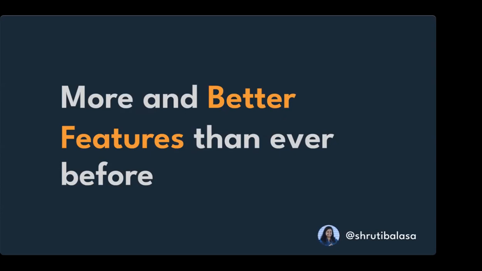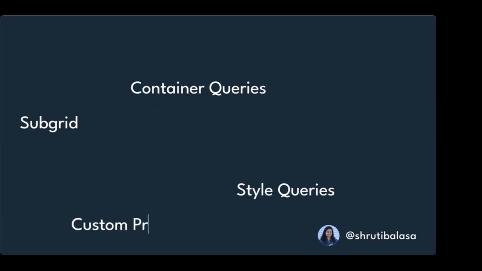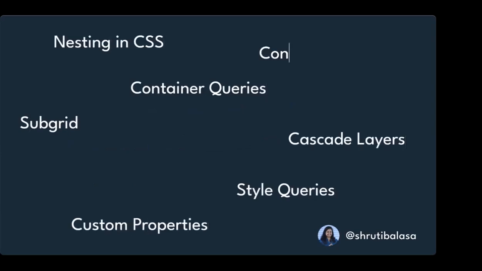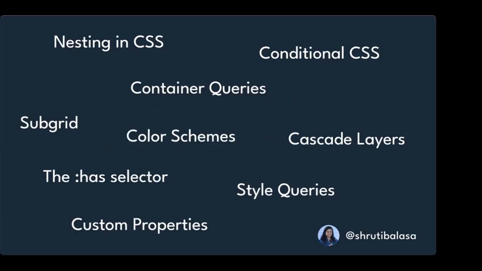If you have been following the updates of CSS, if you work with CSS actively, and if you've been following some people who talk about CSS, maybe some newsletters, blogs, or anything like that, you might have heard about multiple terms in the last few months, maybe like subgrid, container queries, style queries, custom properties, nesting, cascade layers, conditional CSS, hash selector, new color schemes like LCH and Lab, and so on. Some of these you might have heard, some you may not have heard, some you might have actually explored a little bit, but it's overwhelming, right?